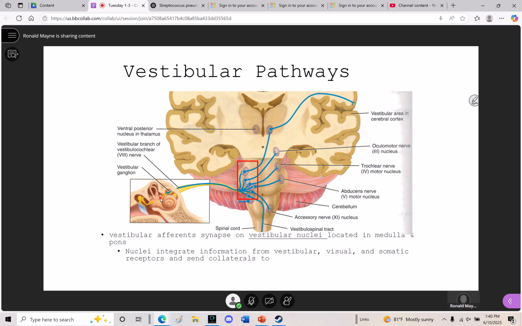Now, the parts that are coming from the semicircular canals basically follow the same beginning as the static, but the kinetic stuff, semicircular canals, are also going intracranium through the internal acoustic meatus.